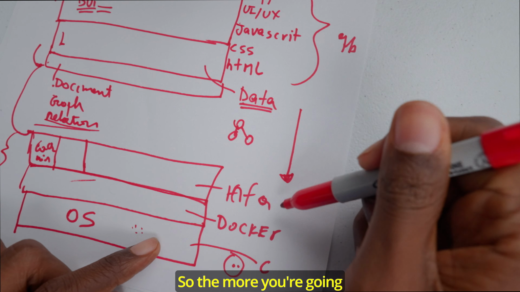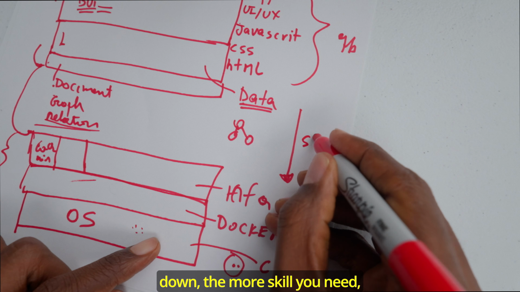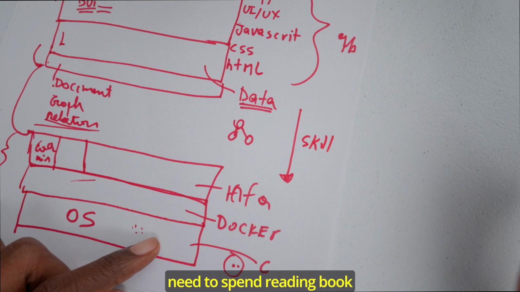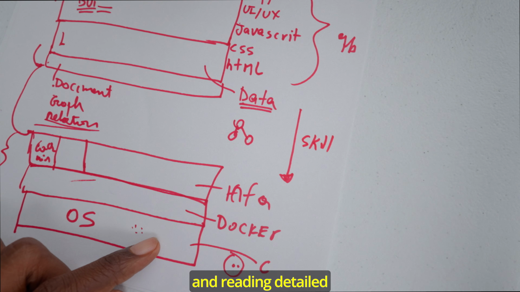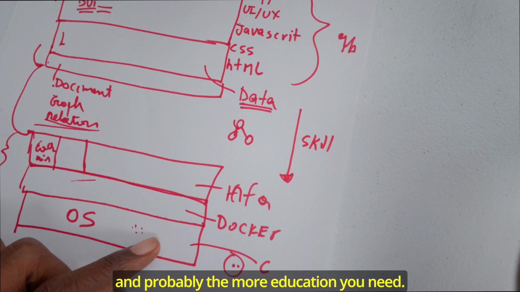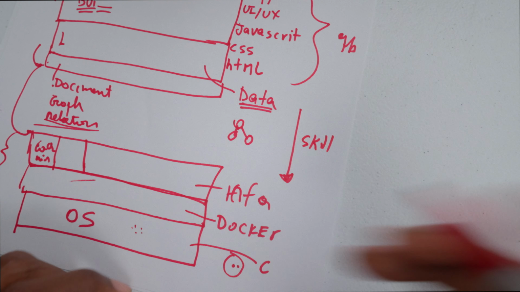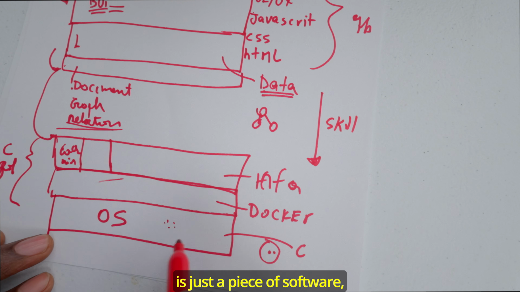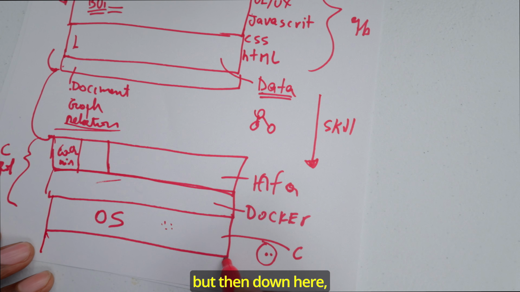The more you go down, the more skill you need, the more time you need to spend reading books and detailed technical documentation, and probably the more education you need. The operating system is just a piece of software, but then down here, you have the hardware.